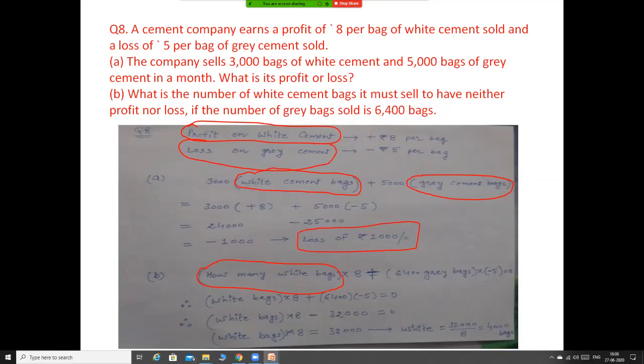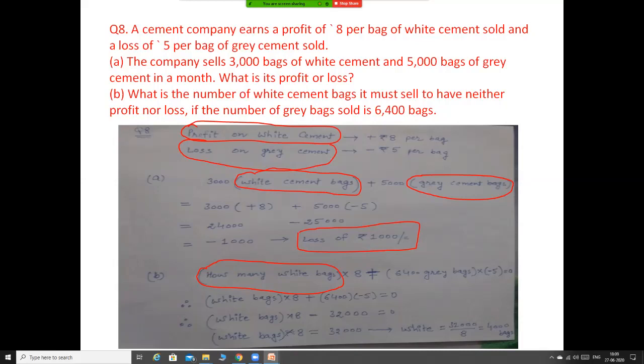So white bags into 8 minus 32,000 equals 0. This minus 32,000 will go to the right-hand side.